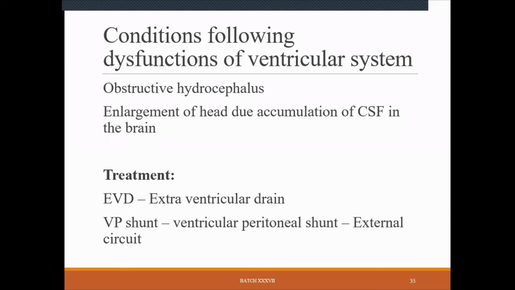That is because, due to some reason, the cerebrospinal fluid circulation gets blocked. When it is blocked in the immature brain, that is in the early stages of pregnancy and infancy, you must have noticed that our skull bone is fused.